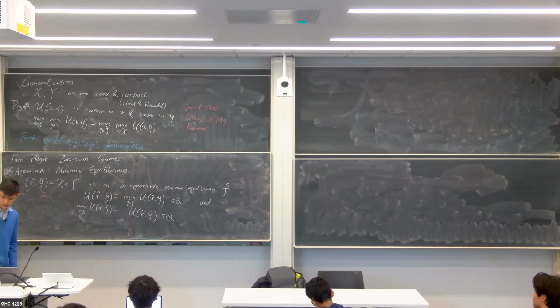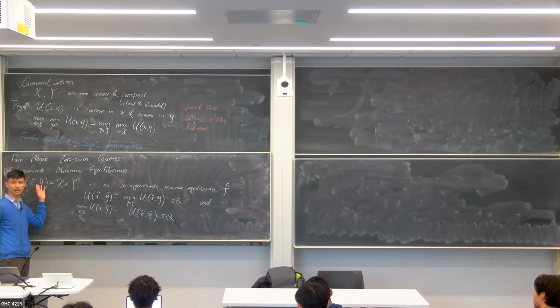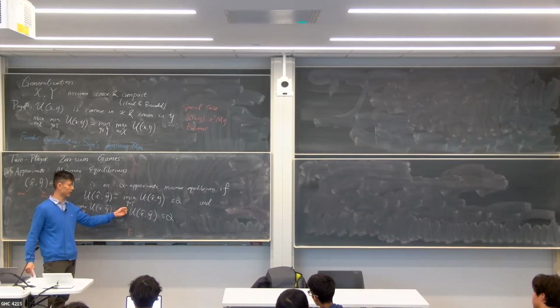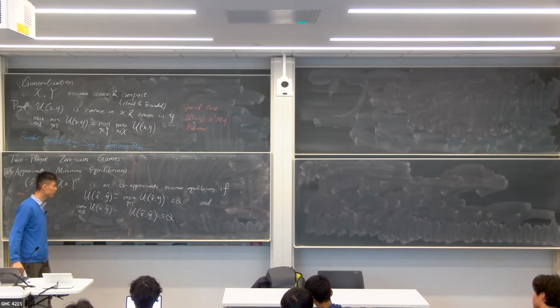Okay, so how do we read this? I'm going to use x hat and y hat to denote a particular pair strategy. Nothing specific about putting a hat on top of some notation. This is to single out x hat, y hat to look different from a generic y.